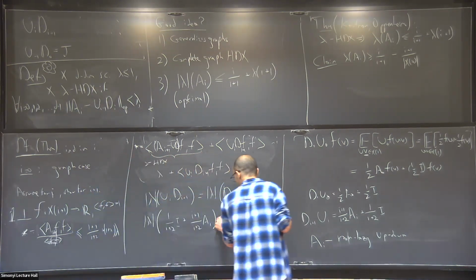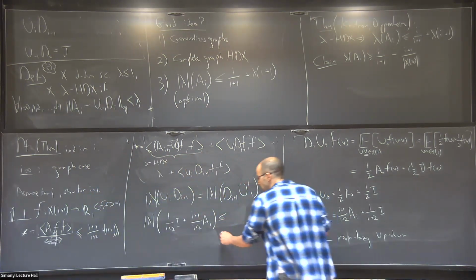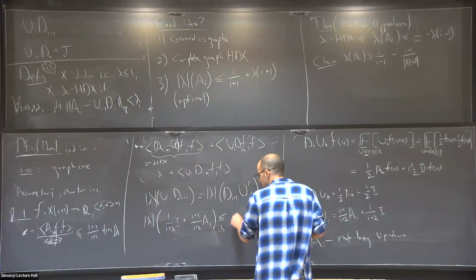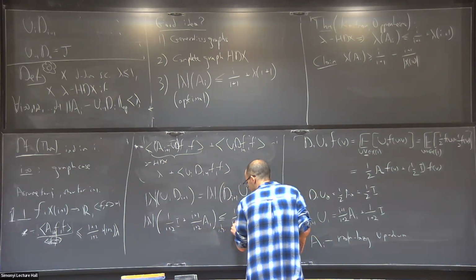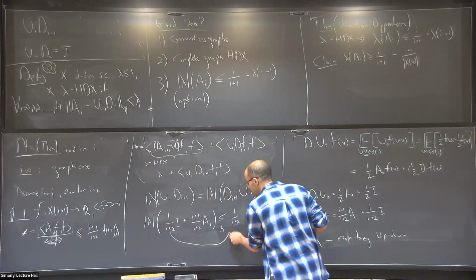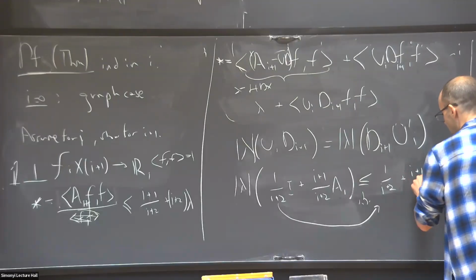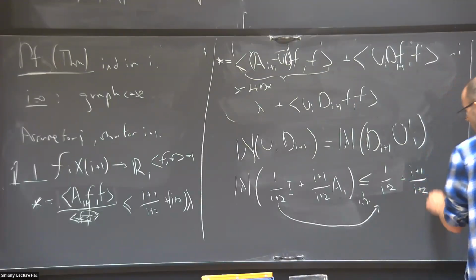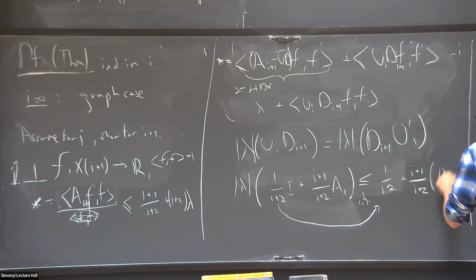And so this from the induction hypothesis is at most 1 over i plus 2, which comes from this identity term, plus (i plus 1 over i plus 2) of lambda of the thing that came from below. And now the rest is calculation.